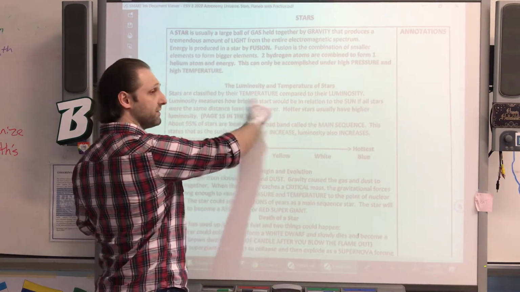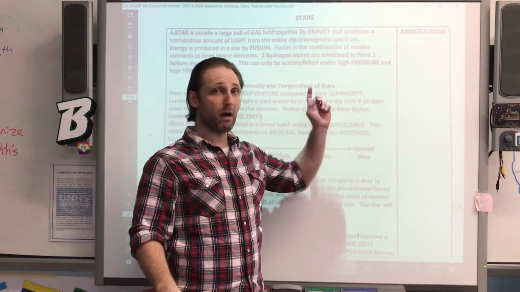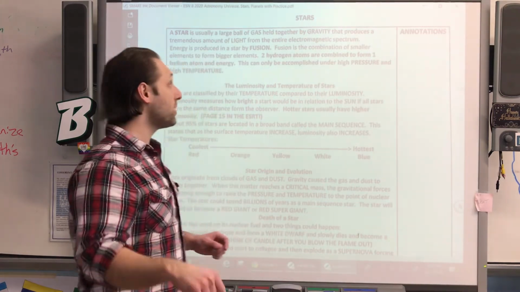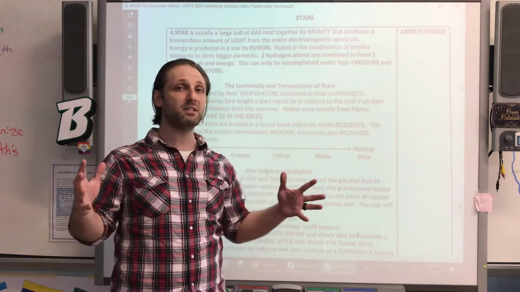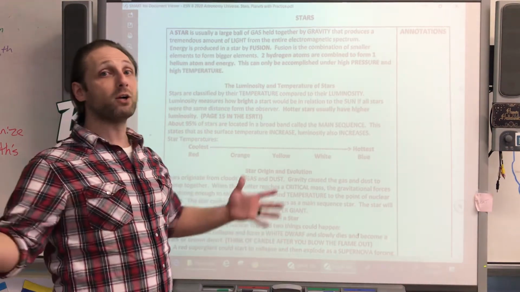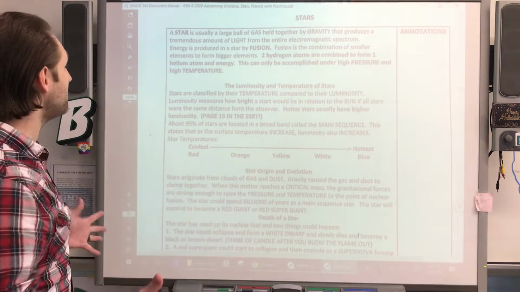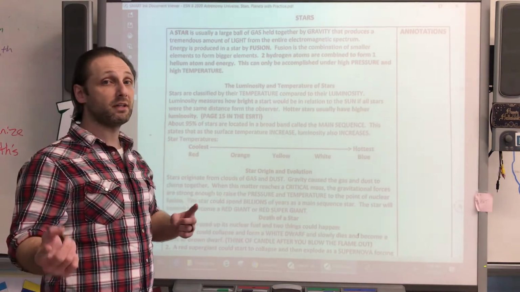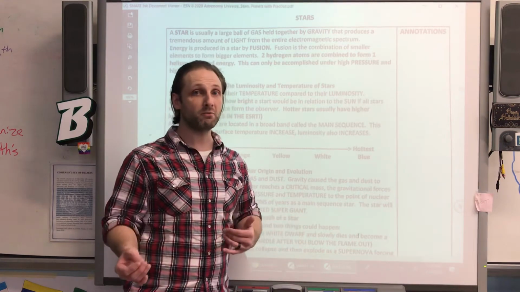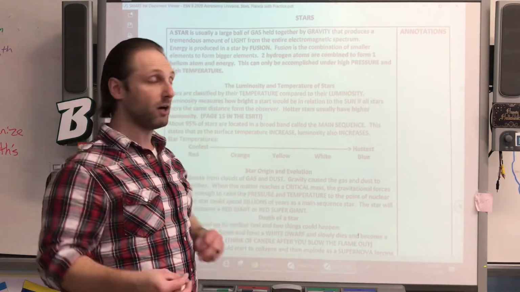Temperature is how hot this thing is. Luminosity is how bright this thing is compared to the sun. The bigger and brighter these things are, the higher the luminosity. A higher luminosity doesn't always dictate a higher temperature, but a higher temperature does sometimes result in a higher luminosity.